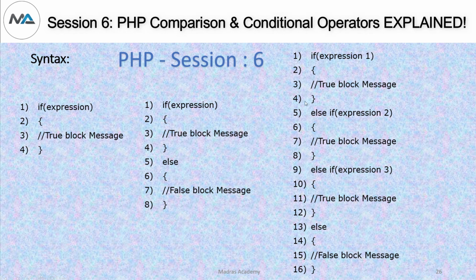All these blocks are true blocks. If none of the expressions is satisfied, it will automatically enter into the false block. So in this way also we can write the if else syntax. We will see in the practical session how to use the first syntax, as well as the second and third ones.